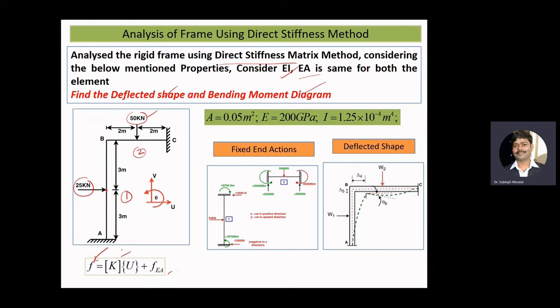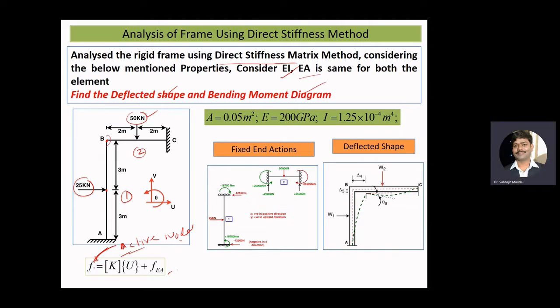This F corresponds to the active nodal forces. What are the nodal forces acting in a particular degree of freedom? A force acting in a particular node, or you can say a moment acting in a particular node.